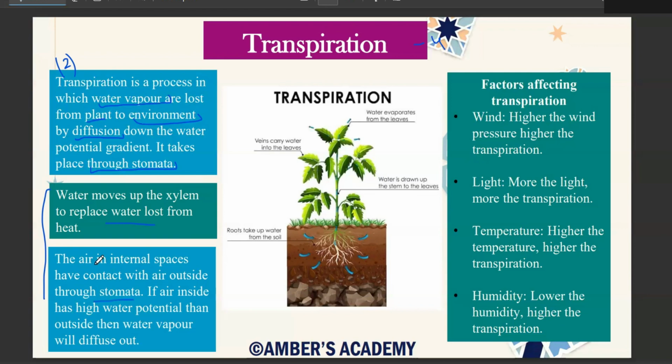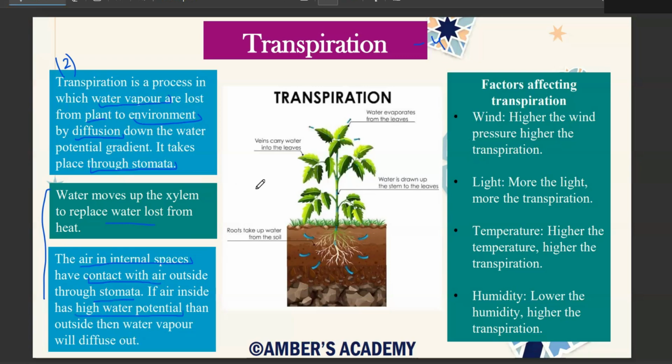So the air in internal spaces, yani air spaces present in the spongy mesophyll, is in contact with air outside through stomata. And if the air inside has high water potential, yani if the leaf has higher water potential than the outside environment, then water vapor will diffuse out.